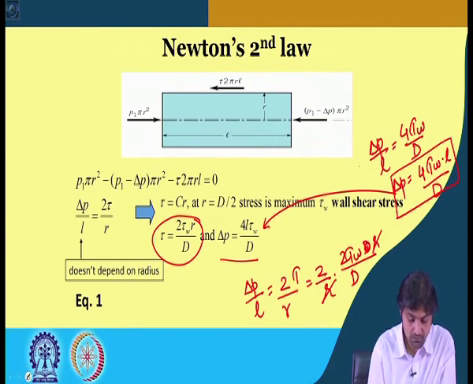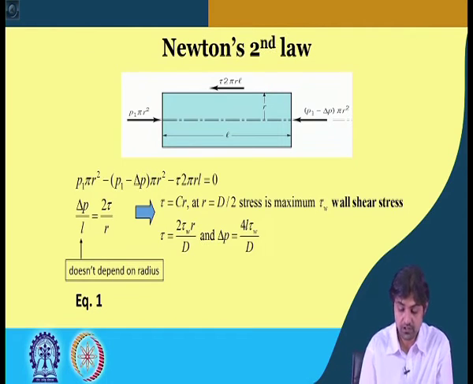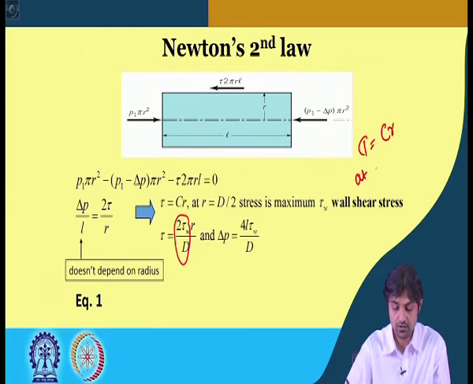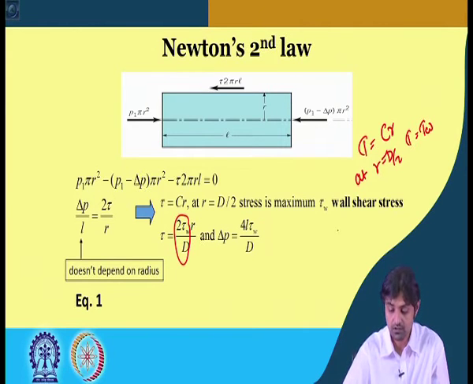Now you might have a question: how did we get C? So let's go back a little bit. How does this C become 2 tau W by D? We have written tau is equal to C r, so at r is equal to D by 2, tau is equal to tau W, correct? So we substitute this in the equation here, and we get tau W is equal to C D by 2.